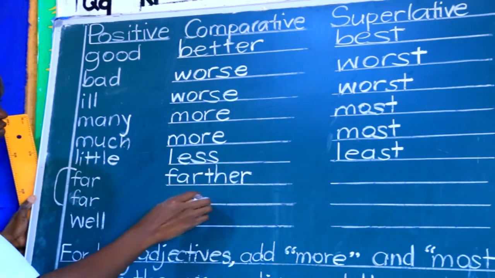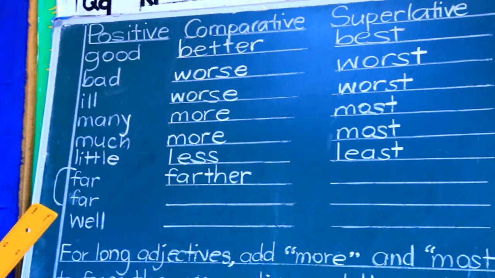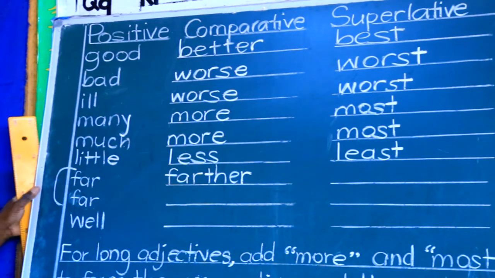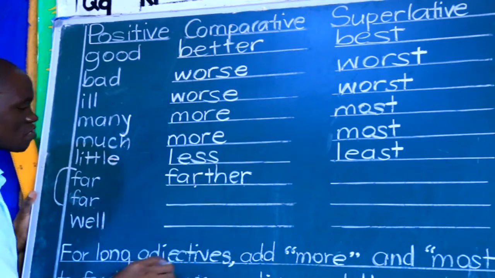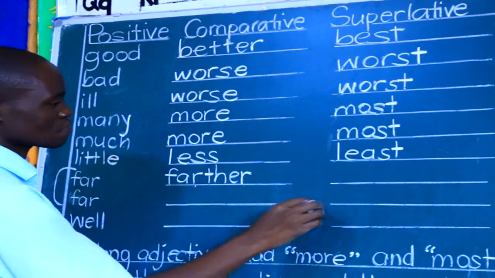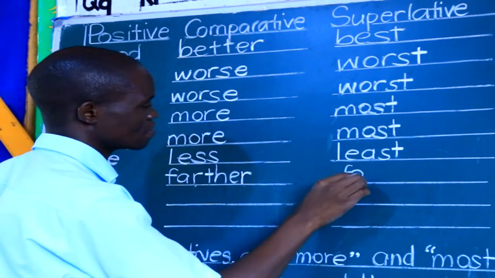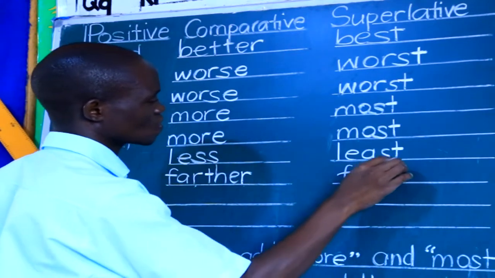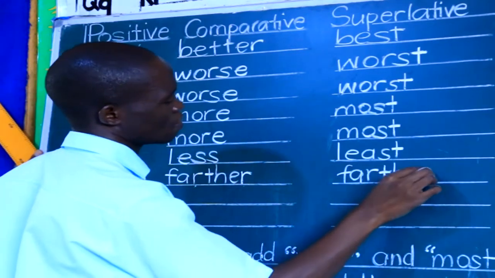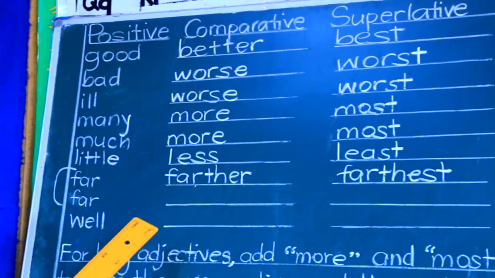Your father has only one R. Our farther, which is a comparative, has that letter R repeated at the end. From far, farther gives the superlative farthest, F-A-R-T-H-E-S-T. Far, farther, farthest.